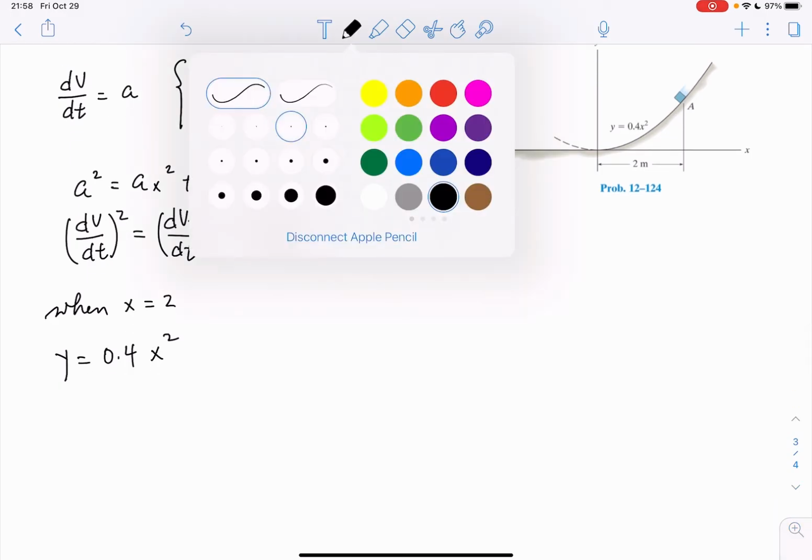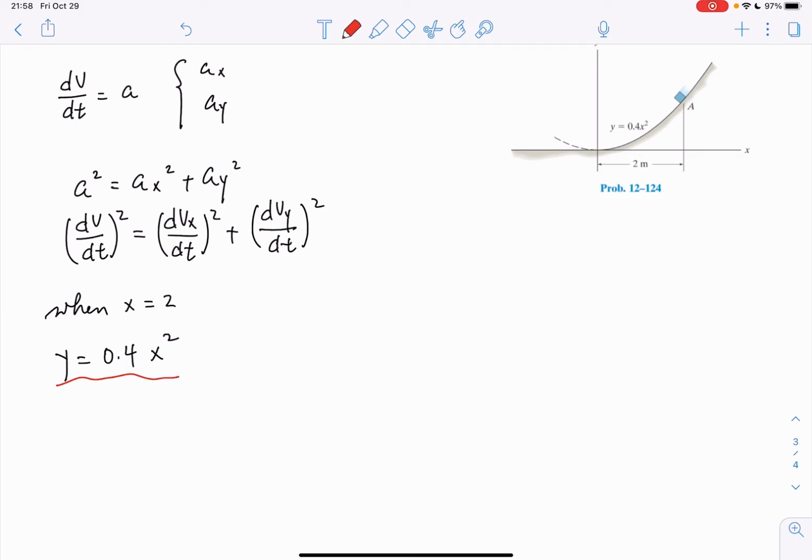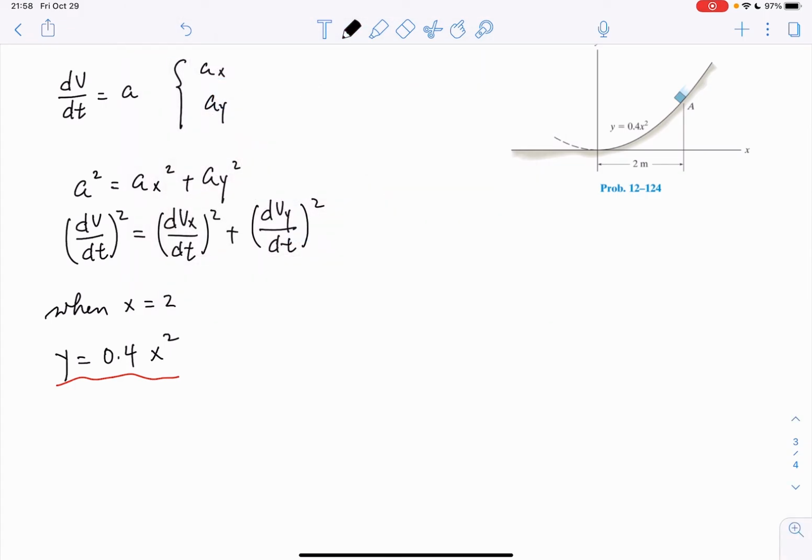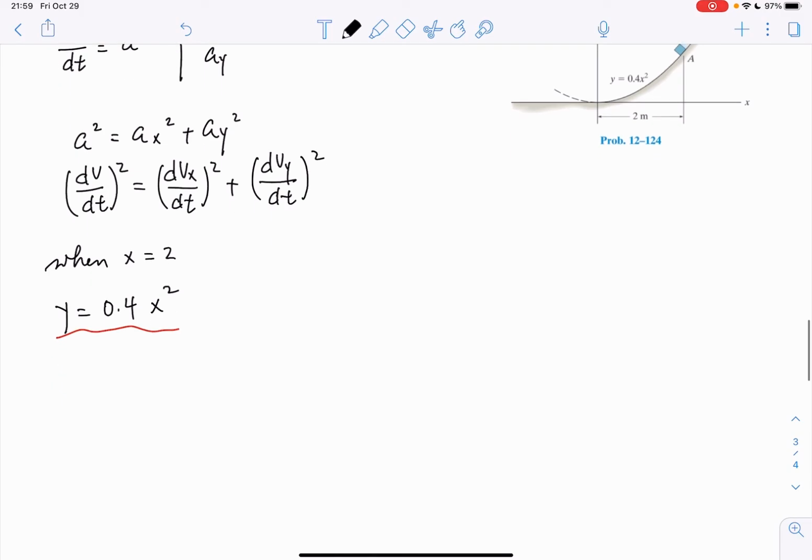Since this is the path, the displacement of the box, we differentiate this equation to get either dx over dt or dy over dt. Both work. So we do dy over dt, which is 0.8 x dx over dt, as we calculated previously.